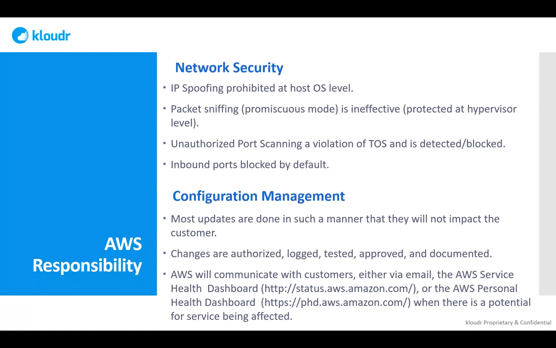There is also a health dashboard available to check the resources' status around the clock. It's available on status.aws.amazon.com, where you can check all the services' health. And in case of anything that is not behaving well in a specific country, it will be reported on this centralized dashboard provided by AWS.